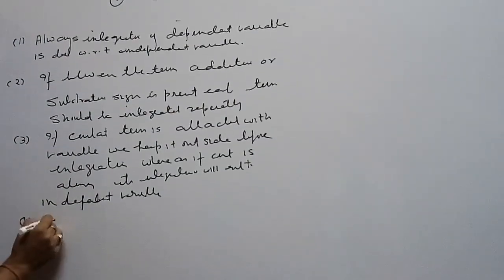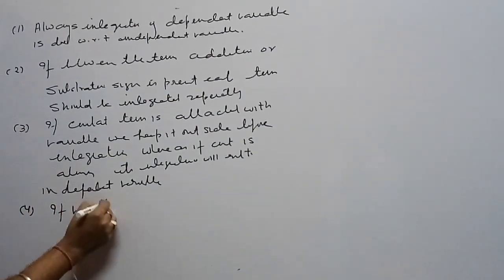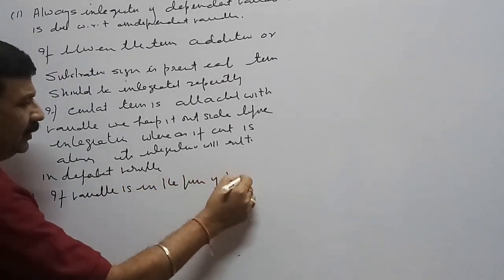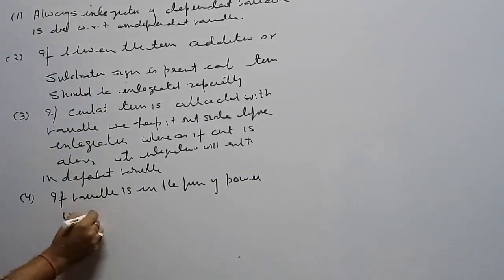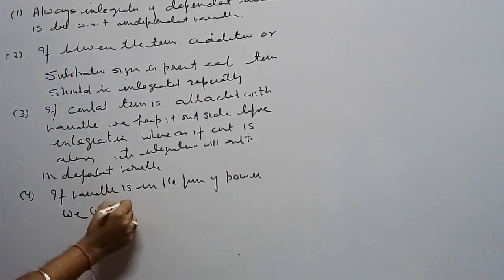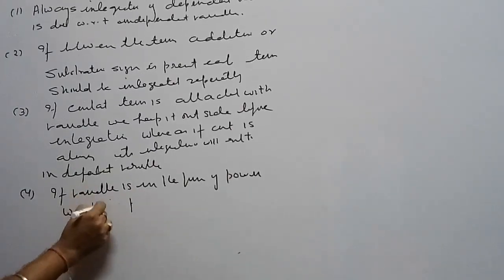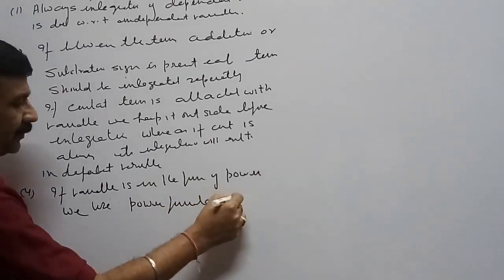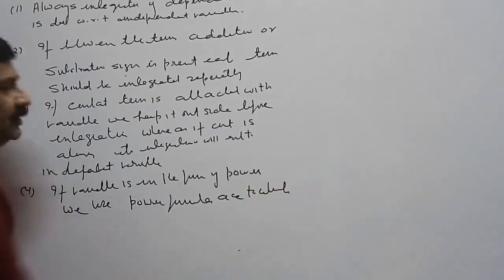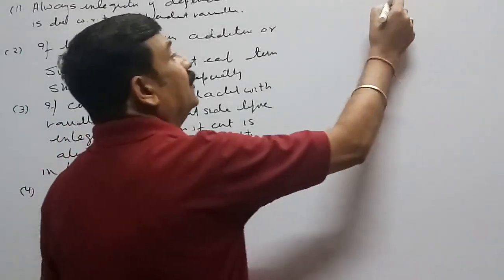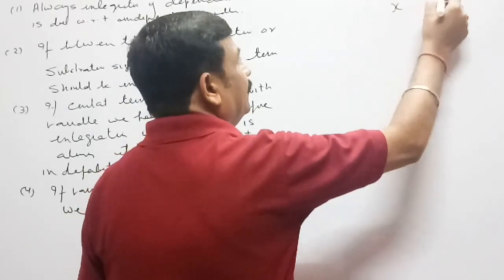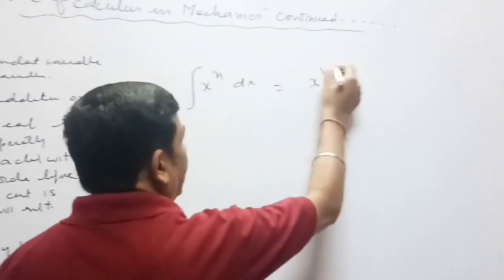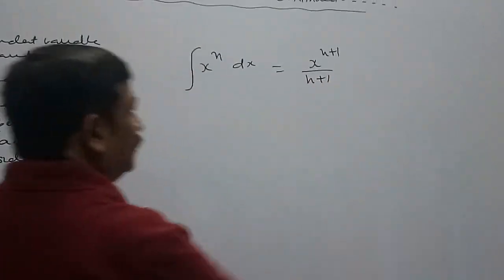Number 4: if the variable is in the form of a power, we use the power formula, according to which, if the variable is x whose power is n, and we are integrating with respect to x, its value will be x to the power n plus 1 upon n plus 1.